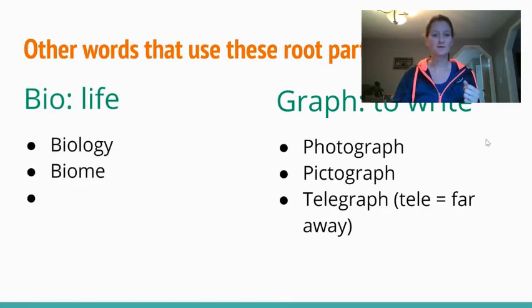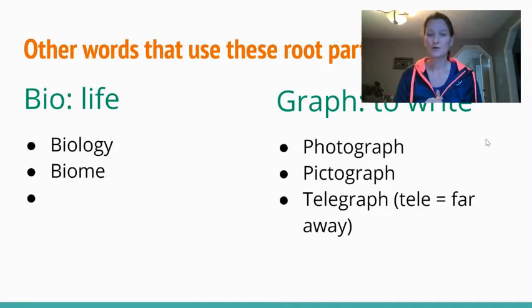There are some other words that use these root parts. So for the word bio, meaning life, there are other words like biology, and that means the study of life, because the ology is the study of, and that's a subject you might take in science at high school.